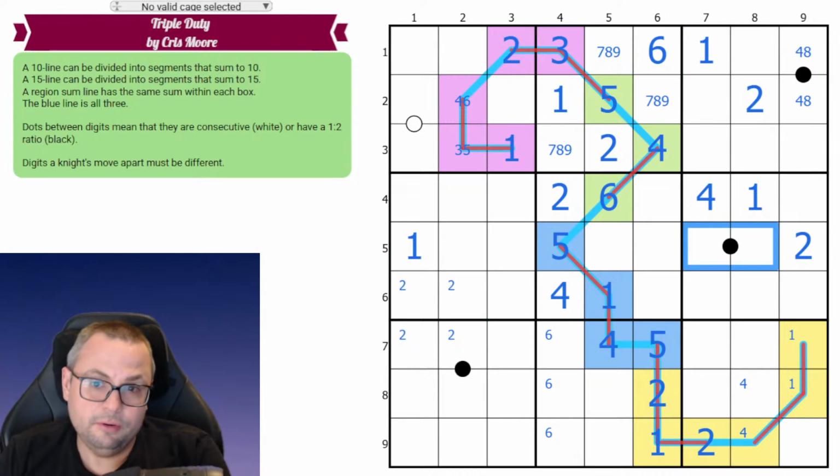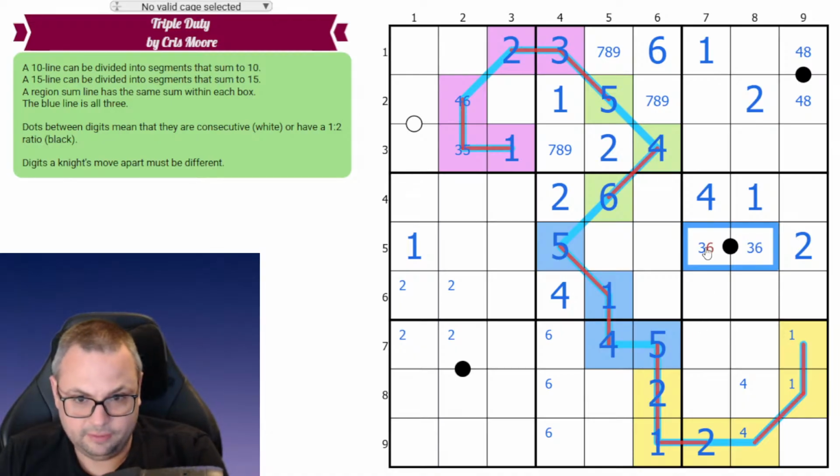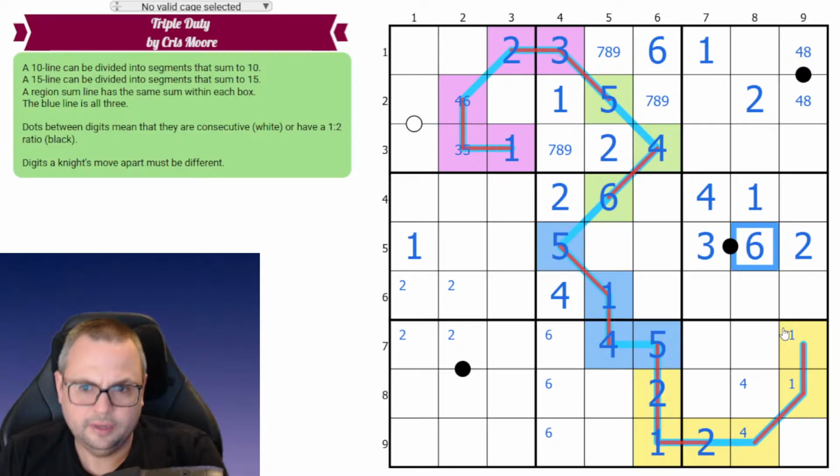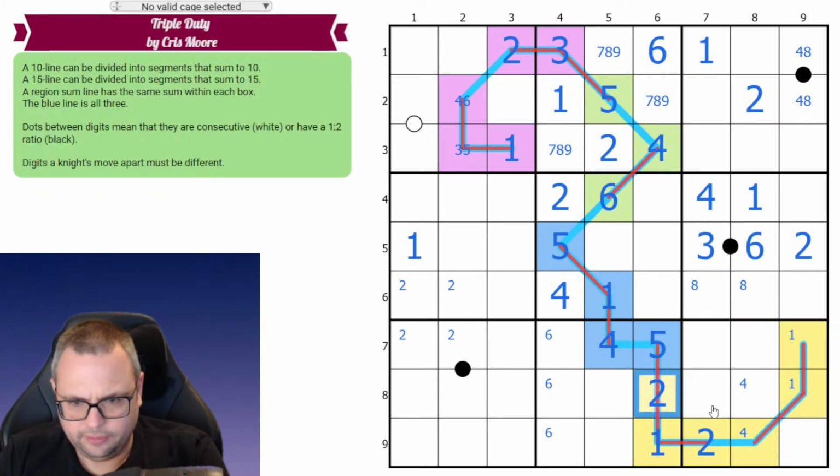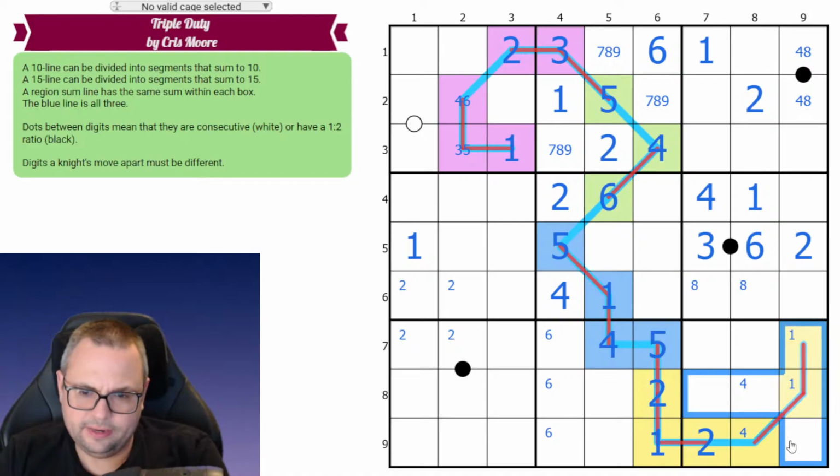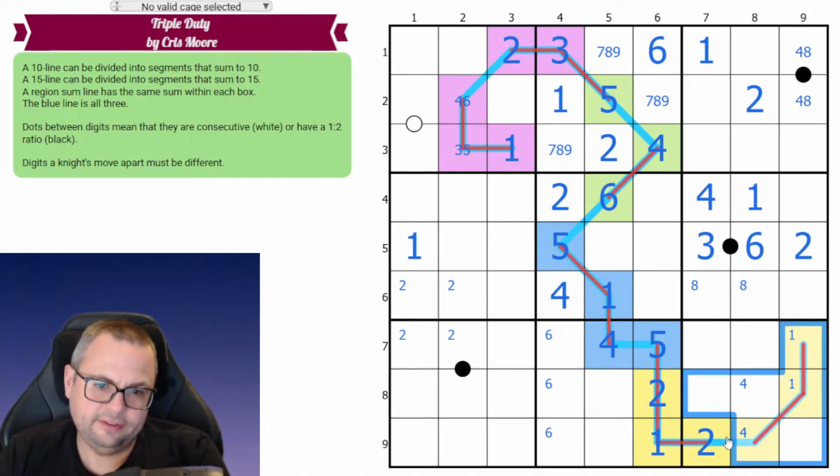This dot now is known to be 3, 6. I agree because of that. Oh, and we know the order somehow because of a random stray 6. Okay, so we know there's an 8 down here. So that rules 8 out of these cells and these cells. And the 8's definitely not there.